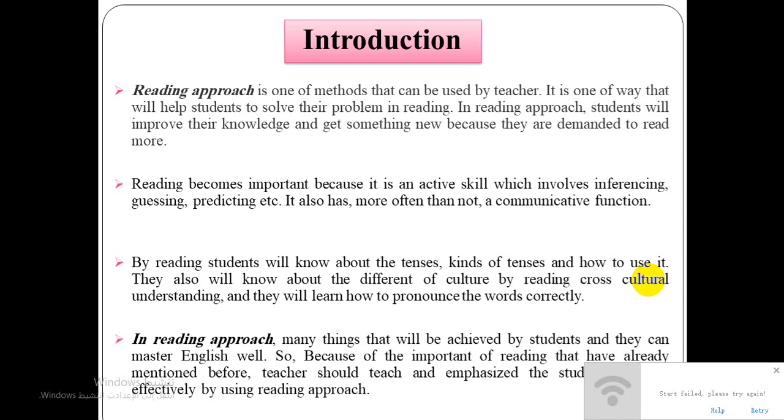They also will know about the differences of culture by reading, cross-cultural understanding, and they will learn how to pronounce the words correctly. In reading a paragraph, many things will be achieved by students and they can master English well. So because of the importance of reading that has already been mentioned, teachers should teach and emphasize the students to read effectively by using the reading approach.